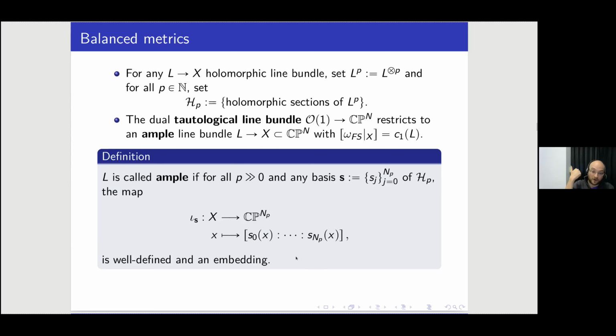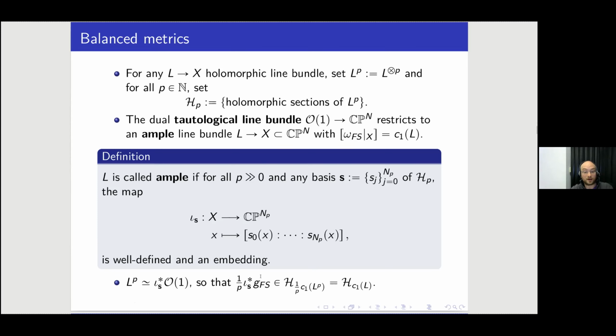So from one embedding of X into CP^N, we now have a family of embeddings parameterized by an integer P, into CP^(N_P). So now we even vary this embedding. So we have more and more Fubini-Study metrics in particular. And the point here is that given such an embedding, the pullback, so the restriction, of O(1) on CP^(N_P) is L^P, right?